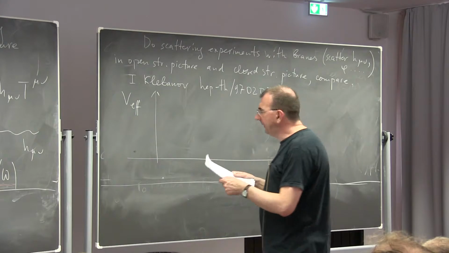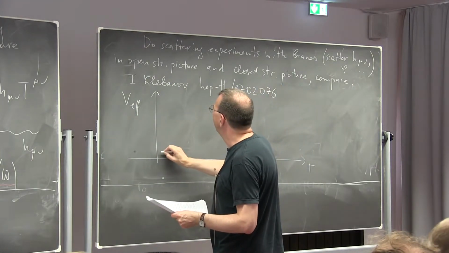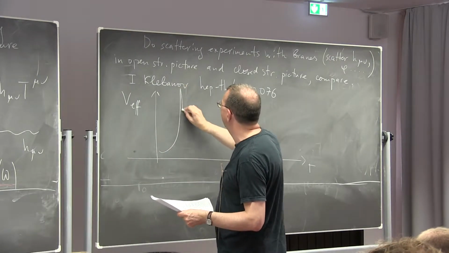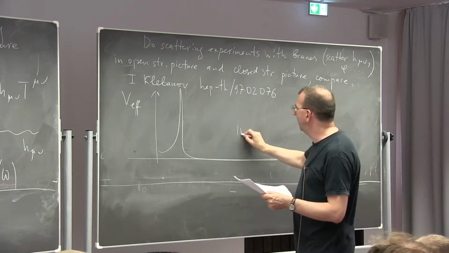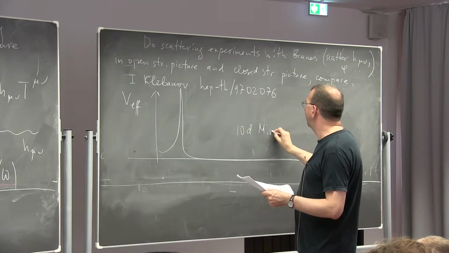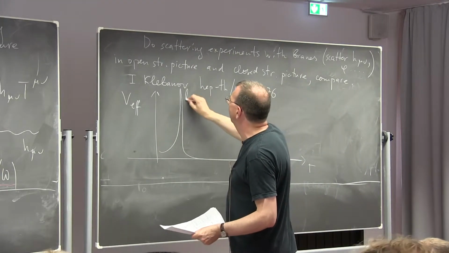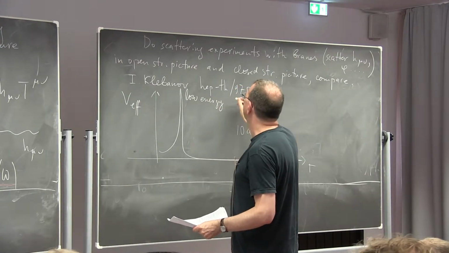And it turned out that the potential had the following interesting form. There is some region which is called the near horizon region, then there is a sharp maximum, and then the potential goes essentially flat. So we have 10-dimensional Minkowski space, and the height of this potential depends on the energy.